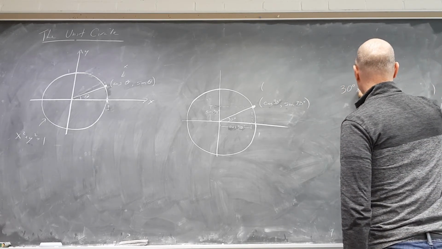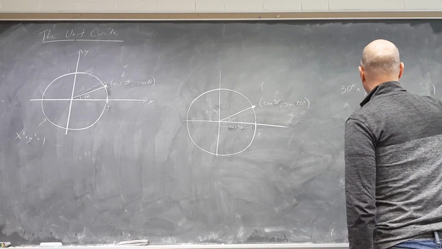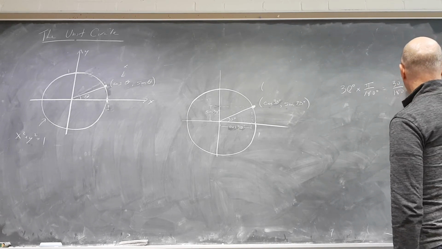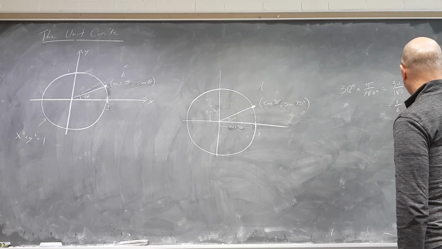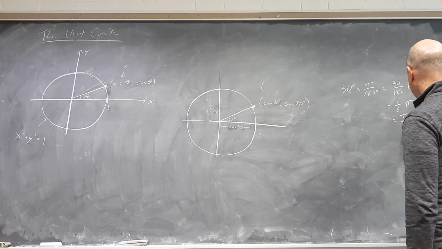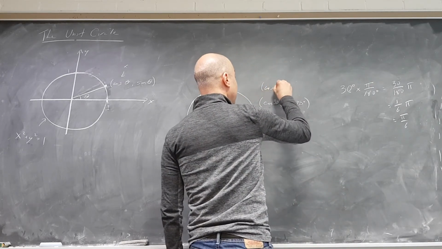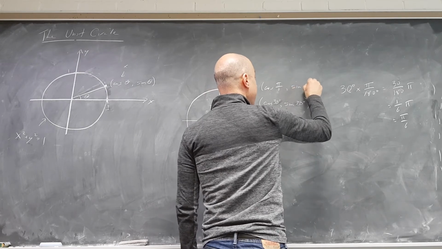For 30 degrees, you multiply by pi and divide by 180 degrees, and you end up with 30 over 180 pi. 30 over 180 is a sixth. So this is 1/6 of pi, or pi divided by 6. So we could have just as easily written this as cos of pi divided by 6, sine of pi divided by 6.